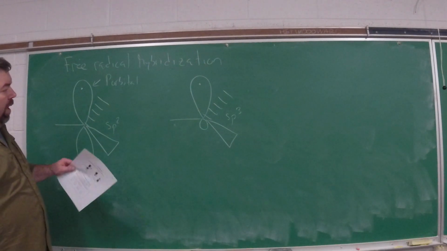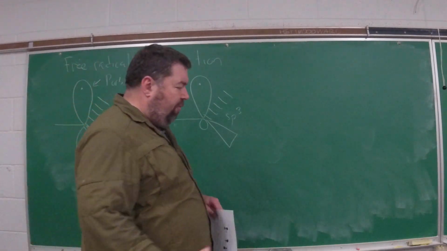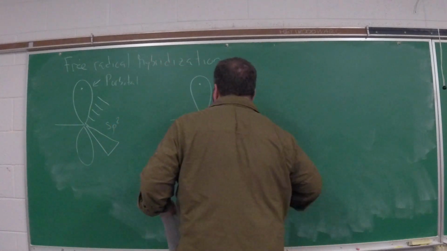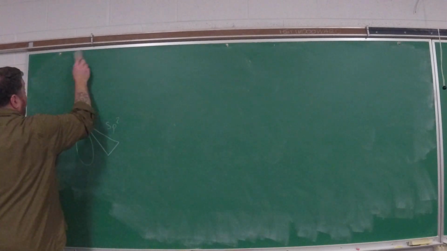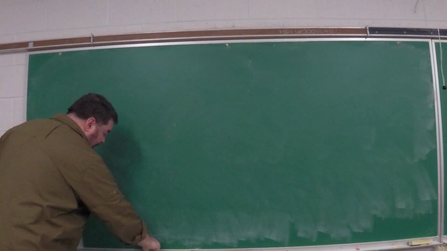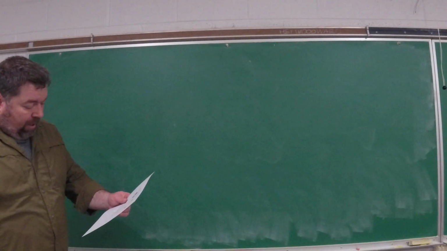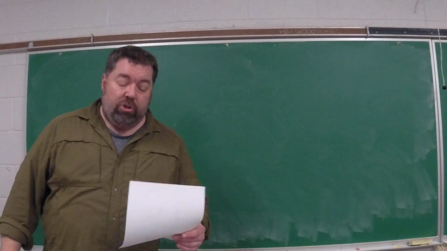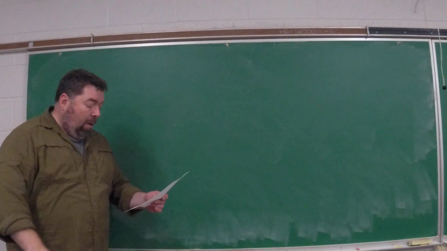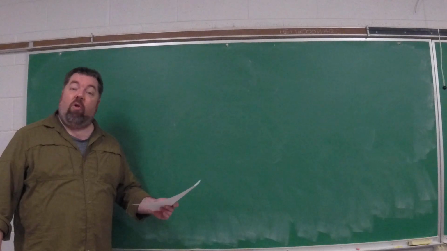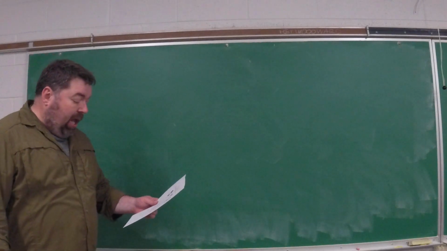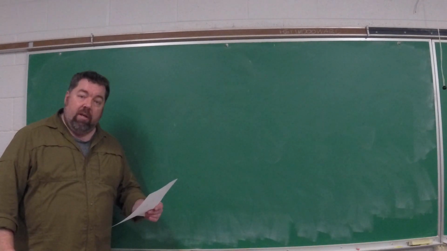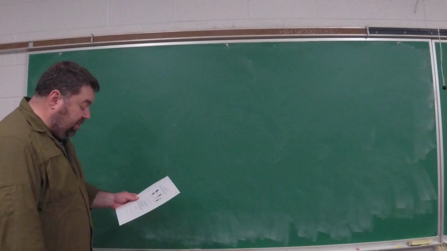Now let's look at the stability of free radicals, of carbon free radicals, that is, I should say. Free radicals do not have a formal charge, but they are unstable because they don't have a full octet. Remember the octet rule? Groups that can donate electrons toward the free radical help stabilize it.